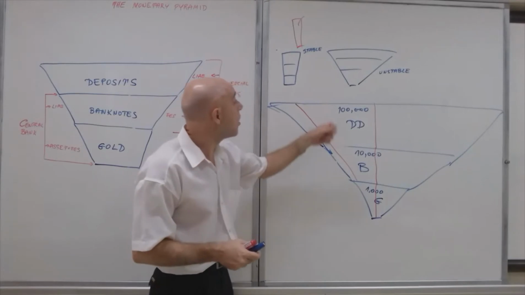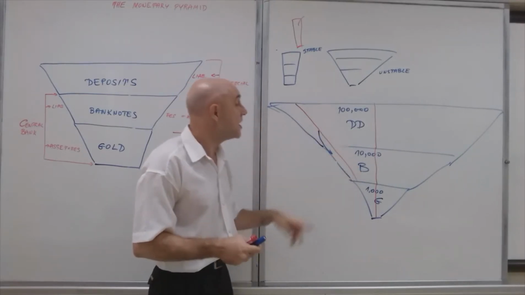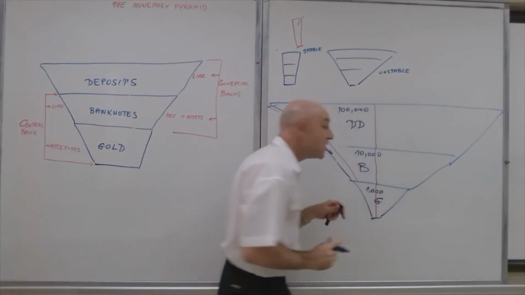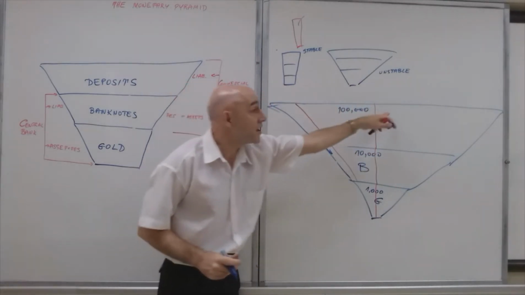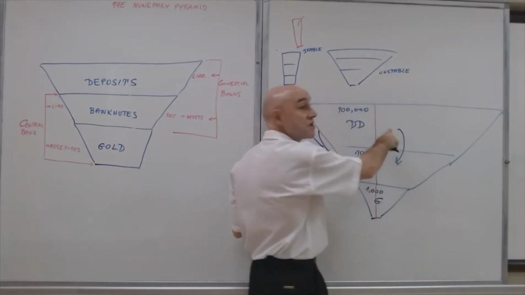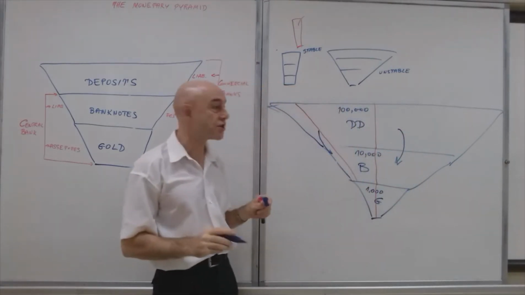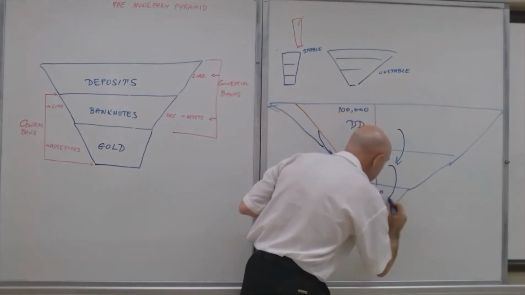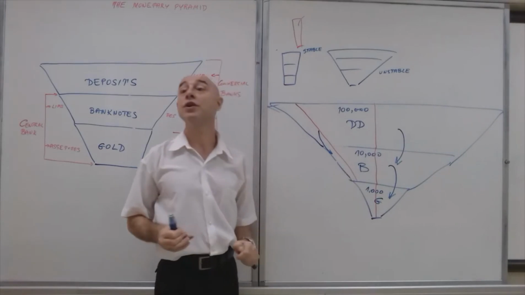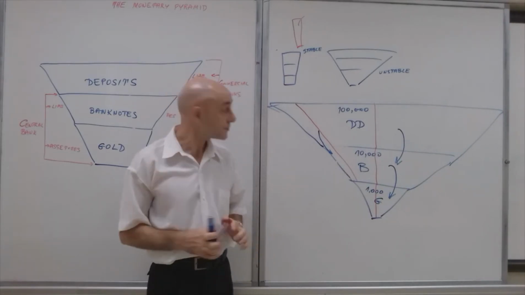All right? So this is how it works. So when you take money out, when you take your deposit, it goes like this. This is the process of converting deposit into cash. And now this is the process of converting cash into gold. Okay?